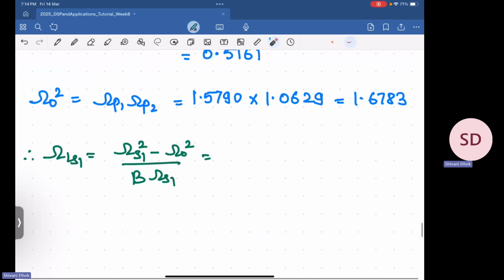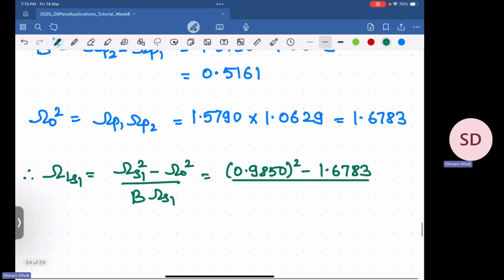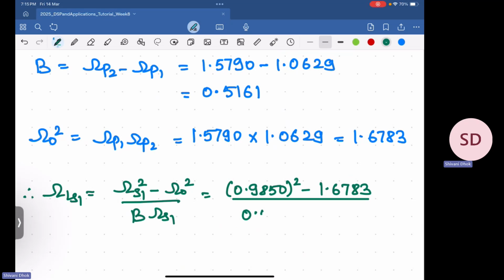So what do we get? 0.9850 square minus omega naught square, which is 1.6783, whole divided by bandwidth b, which is 0.5161, into omega s1, 0.9850.